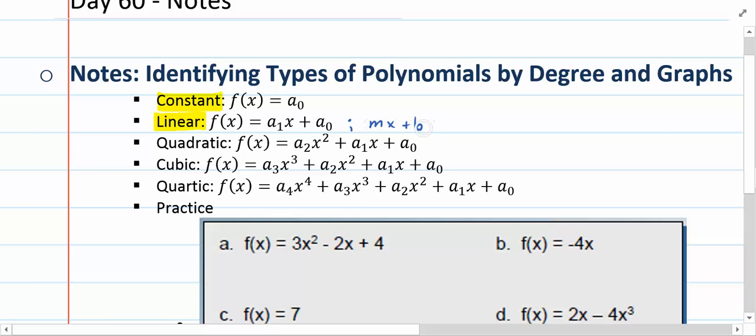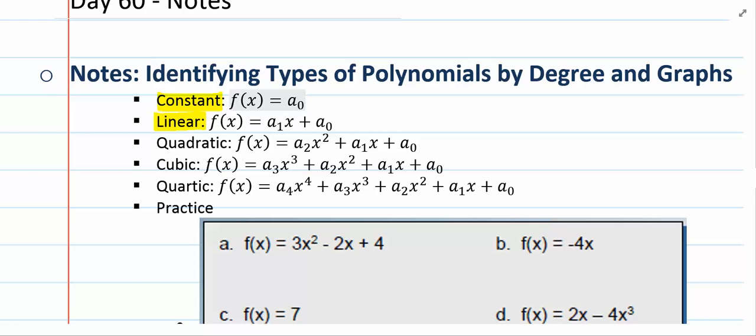Essentially, it's the same type of polynomial, where m represents the slope of a straight line, and b represents the y-intercept. That's the same result that we get here when we're talking about a linear function, or a linear polynomial. A sub 1 is the coefficient in front of x. A sub 0 is the constant. This is an example of what we would call a linear function.